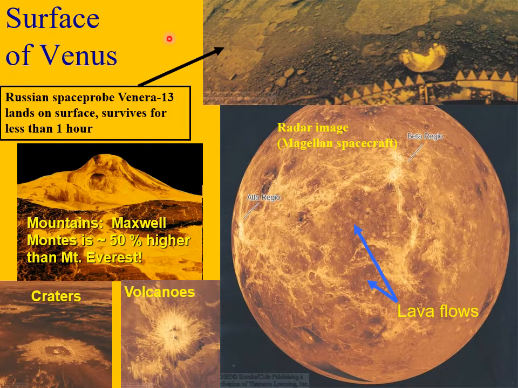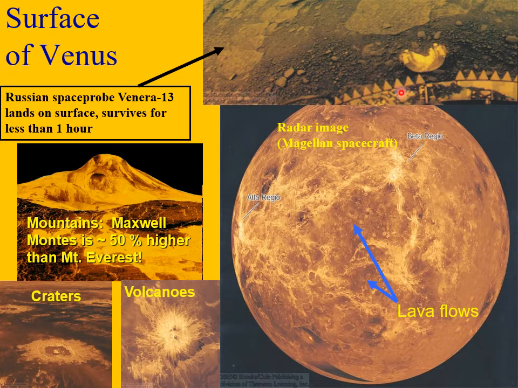These are some pictures taken of the surface of Venus. This picture up here is kind of interesting. This was actually from a Russian spacecraft that successfully landed on the surface of Venus back in the 1970s and lasted for less than an hour before it basically overheated, but it was able to return some images of the surface of Venus.